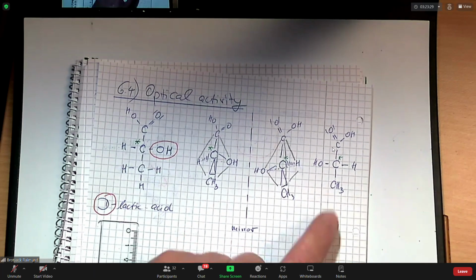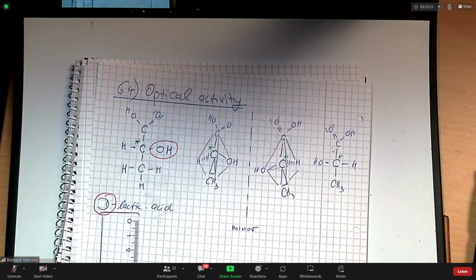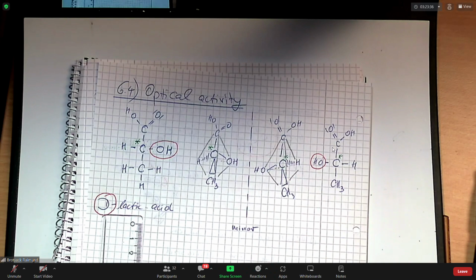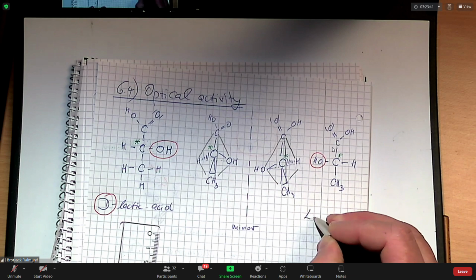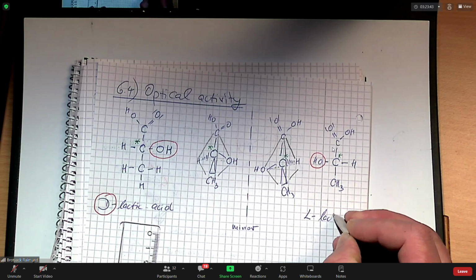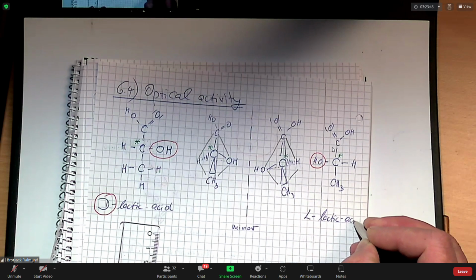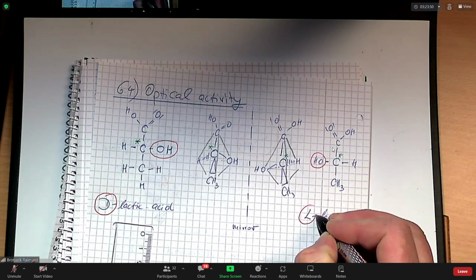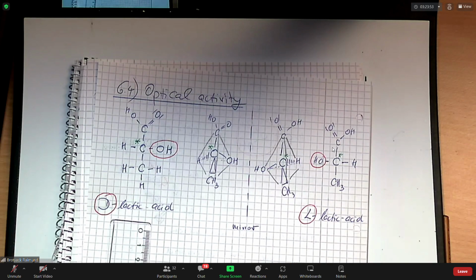What you see now, here now we have the OH on the left side. That's why this one is called L. L, left side, lactic acid. And those 2 molecules behave like the original form and its mirror figure. They are not the same.